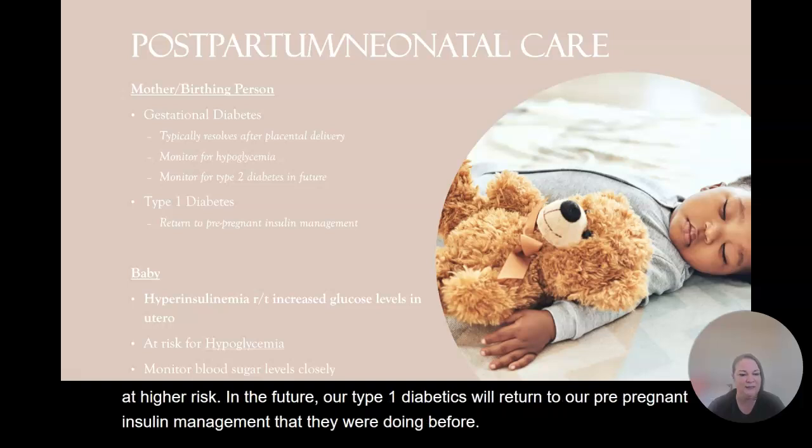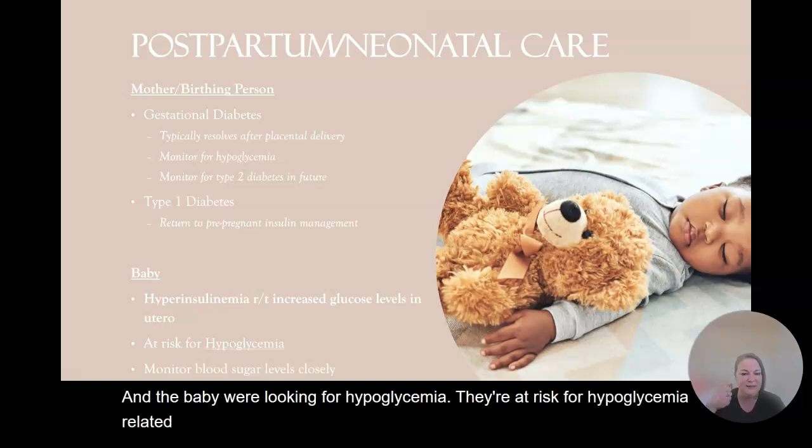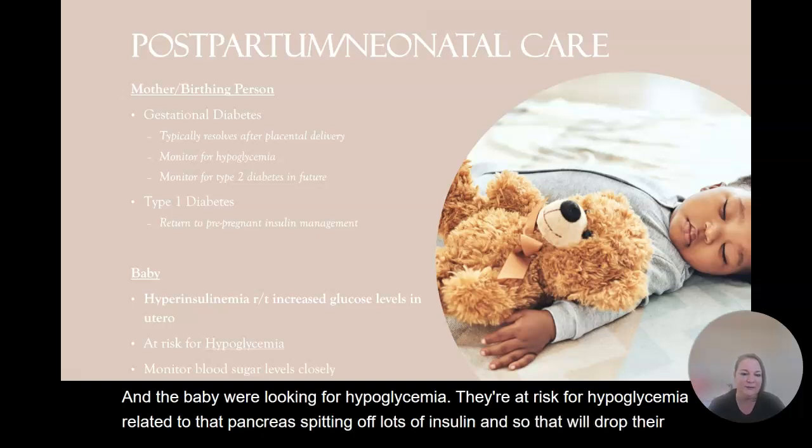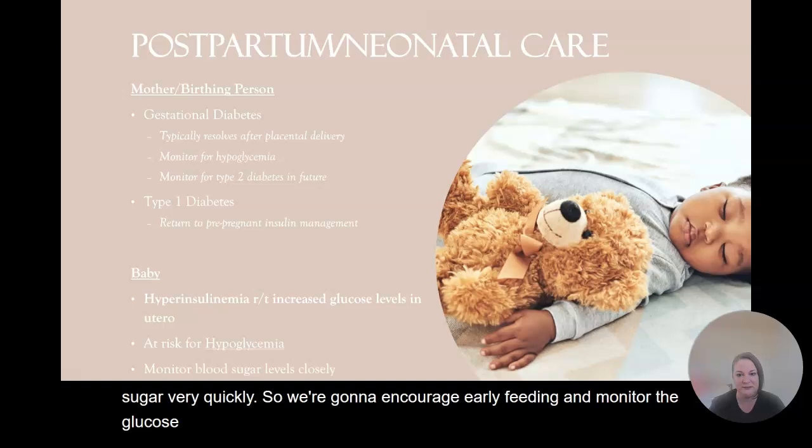In the baby, we're looking for hypoglycemia. They're at risk for hypoglycemia related to that pancreas spitting off lots of insulin. And so that will drop their sugar very quickly. So we're going to encourage early feeding and monitor the glucose levels very closely.